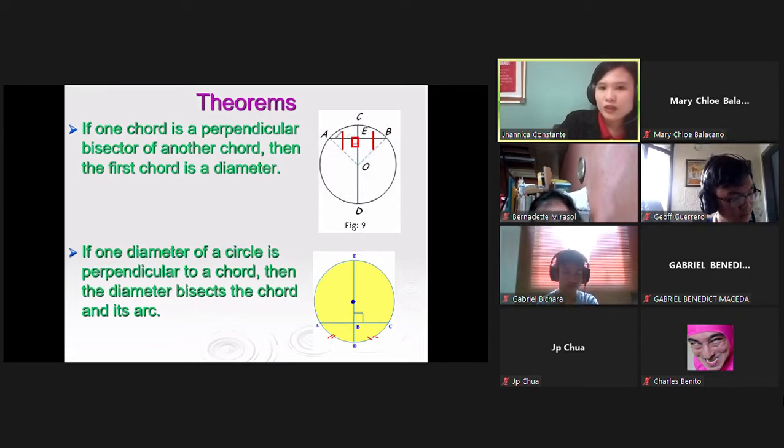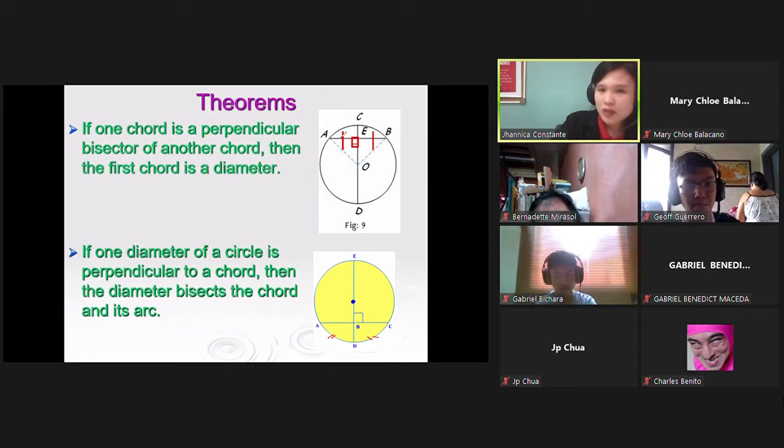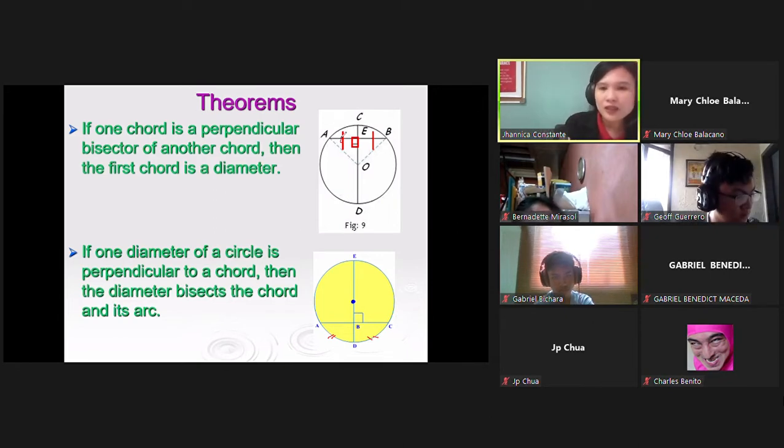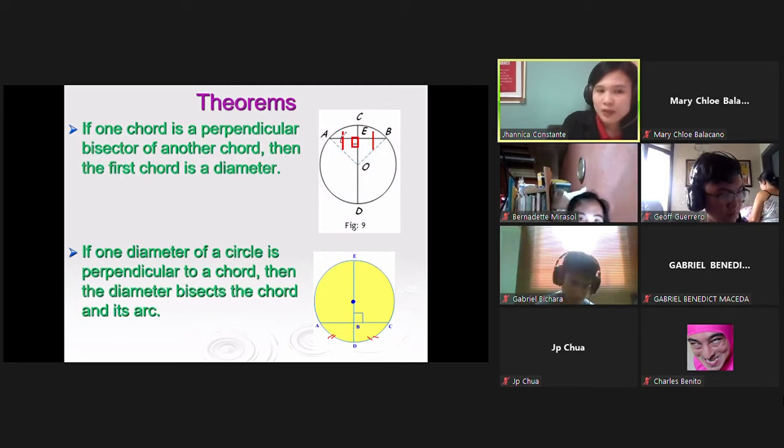The chord that is being divided by another chord, which is the diameter, is also equal in measurement. And we know that a perpendicular line or chords, or a line that creates a perpendicular, is always going to have a 90 degrees angle. That's why it's perpendicular.